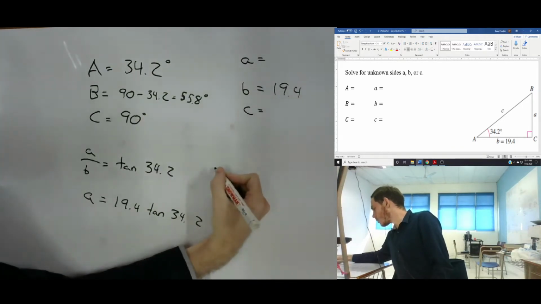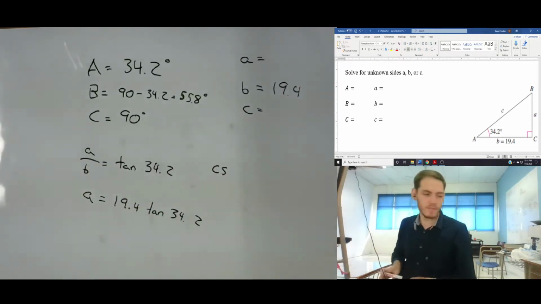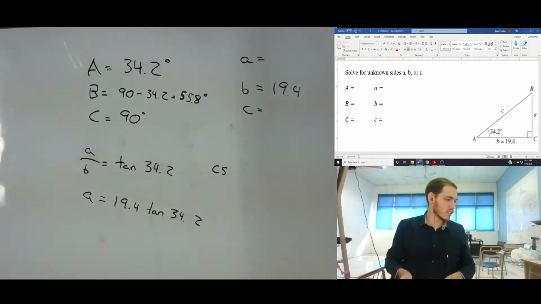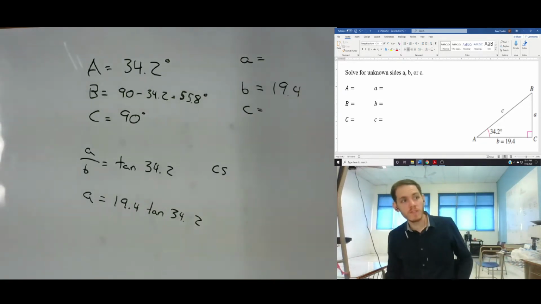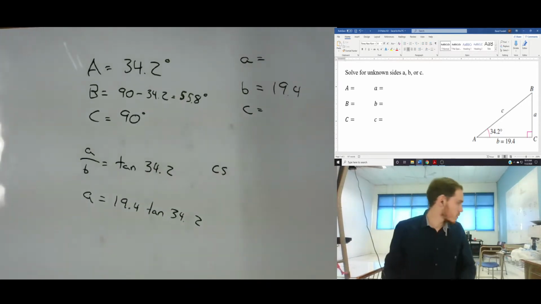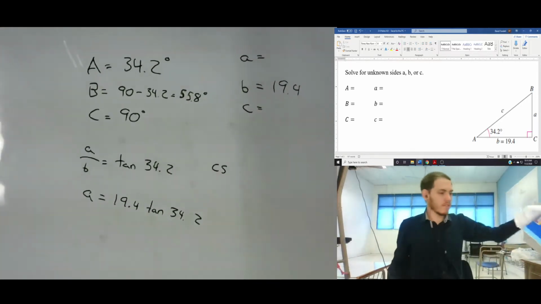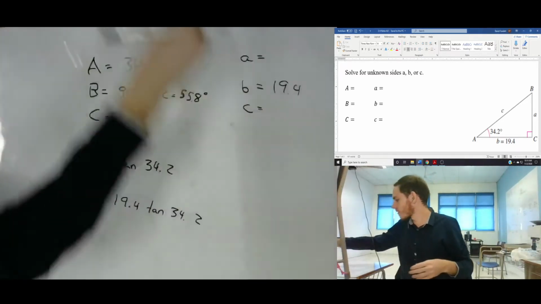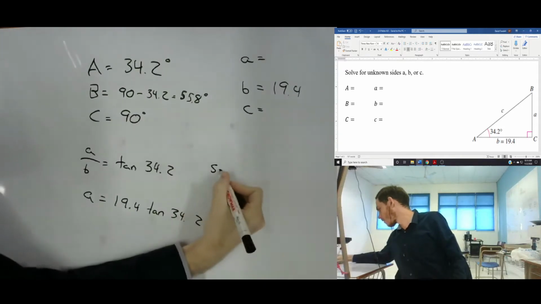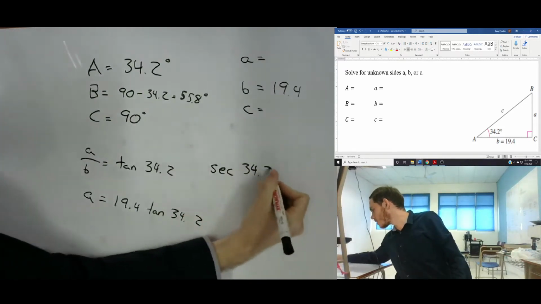So we could do cosecant. It's cosecant or secant? Secant. Let's use secant of our angle. My apologies real quick. We're going to use secant of 34.2.